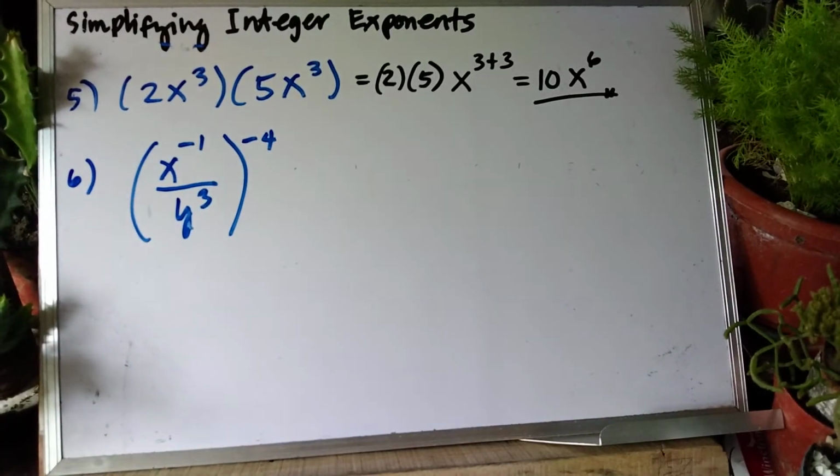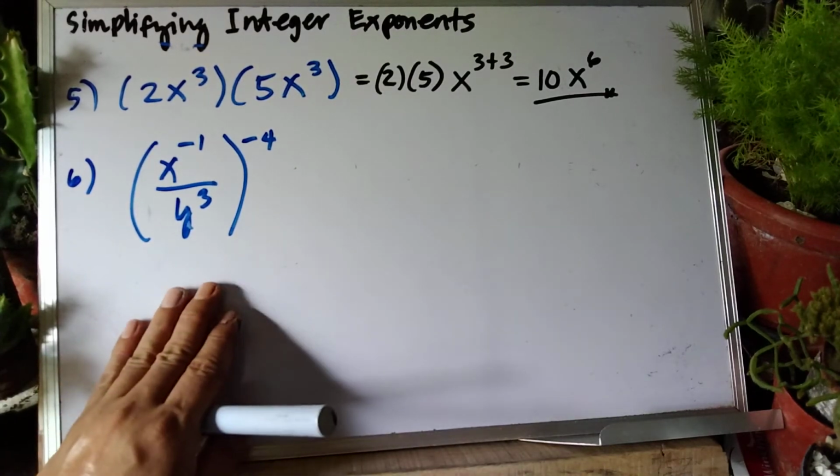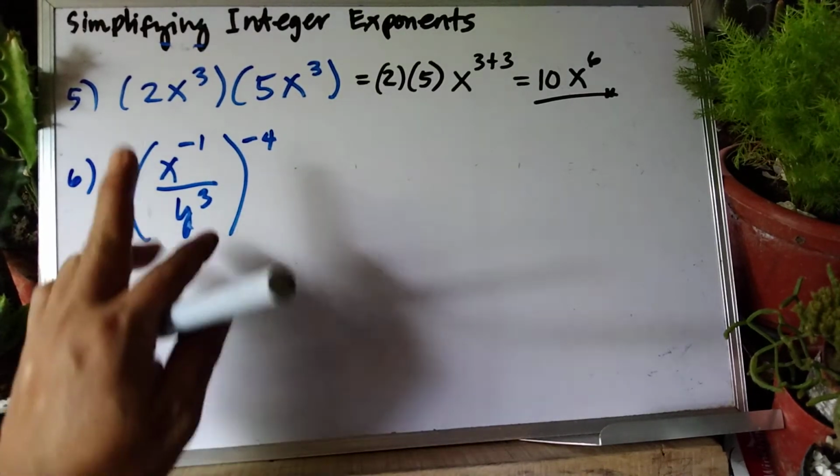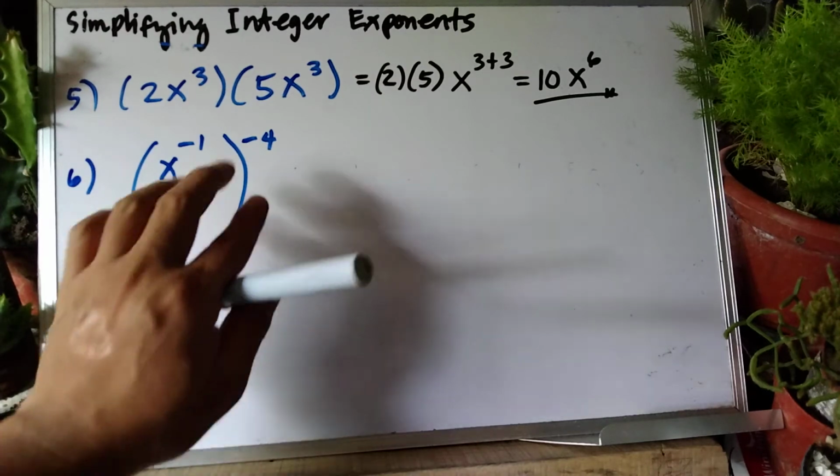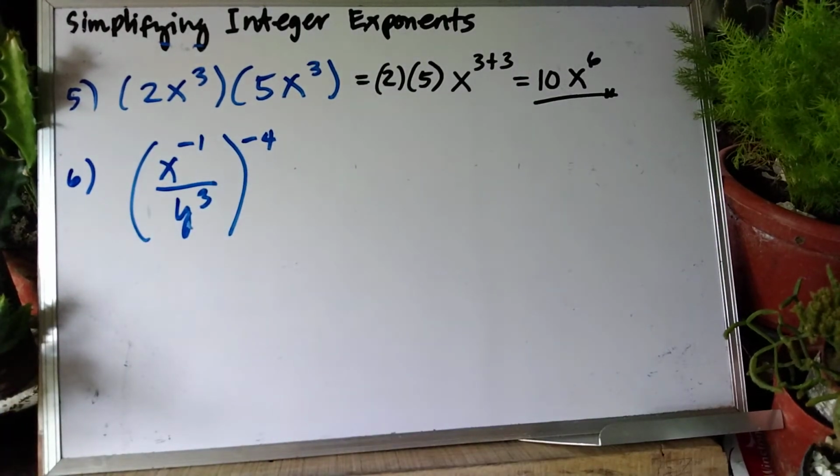Okay. How are you going to answer this one? X to the power of negative 1 over y to the power of 3 raised to a negative 4 exponent.